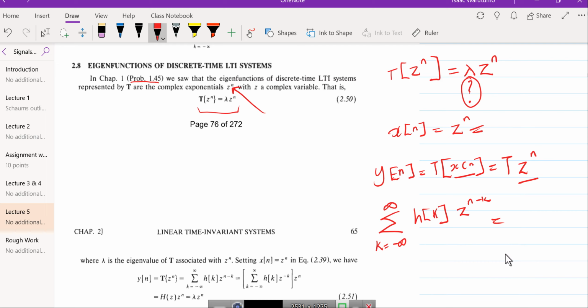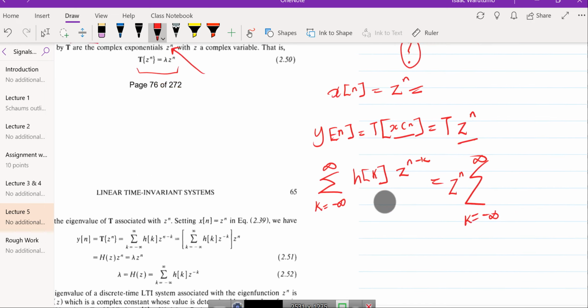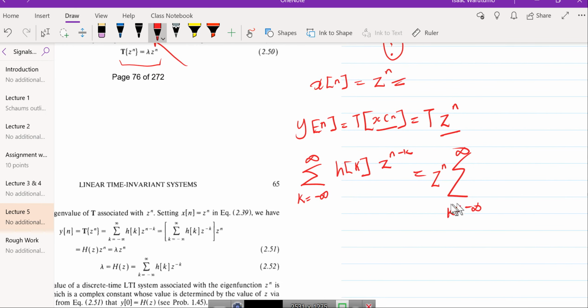n is not a function of the summation, and therefore what we will end up with is removing z^n from the summation, and we have the sum over k from minus infinity to infinity of h of k z^(minus k).